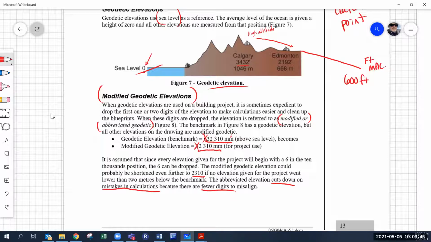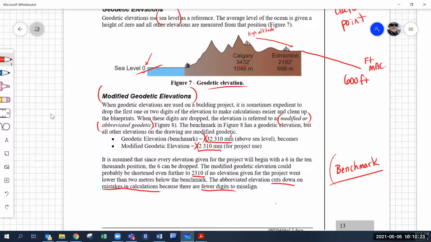Go ahead. So couldn't you just zero it down from 0? Like if your modified geodetic measurement, wouldn't you just start from the ground essentially from your lowest point? Now, then you're talking about a benchmark. Oh, okay. Okay, so that's a little different because prints and especially bigger prints, if you have a big plot plan, you're going to have some modified geodetic or maybe even geodetic elevations on it, right?